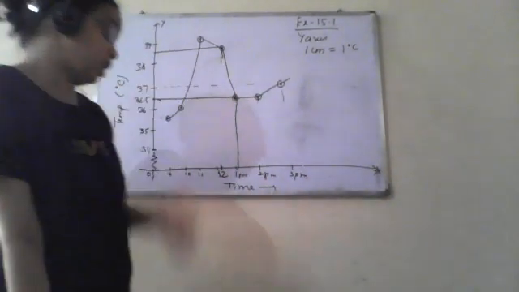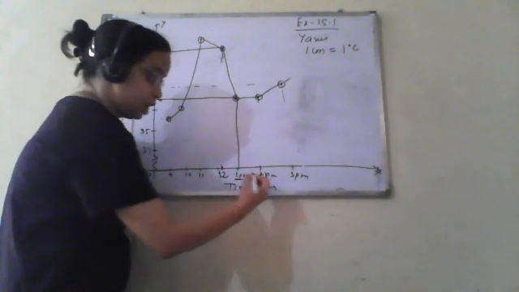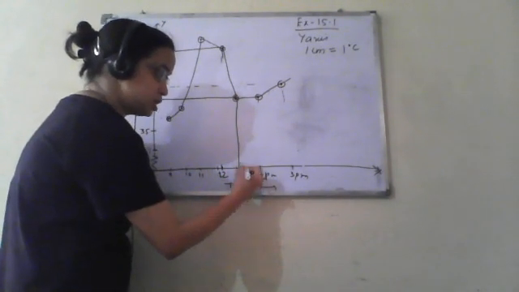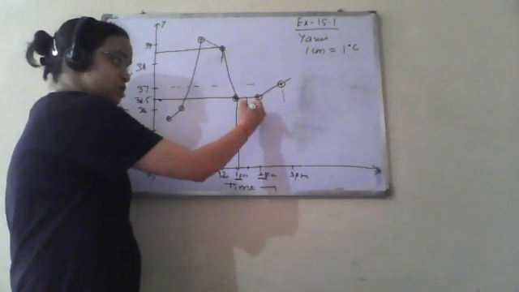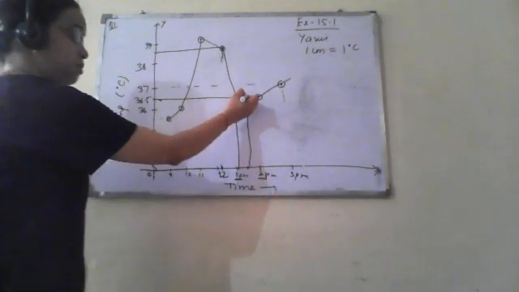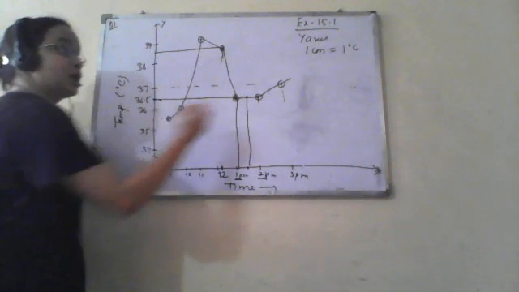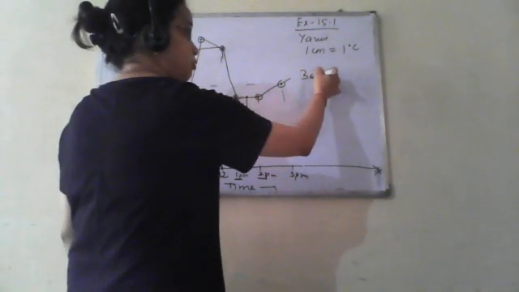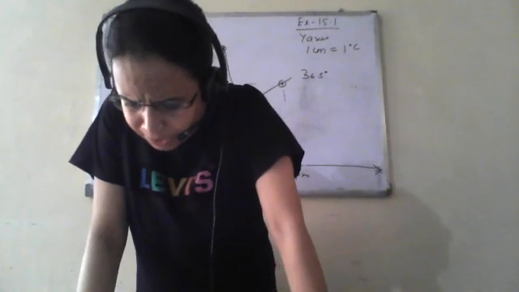If I have to check the temperature at 1:30 p.m., here we have 1 p.m., here we have 2 p.m. In between this, it will be 1:30. The temperature was the same, so we will find it by drawing a perpendicular line to the y-axis. It will be 36.5 degrees.